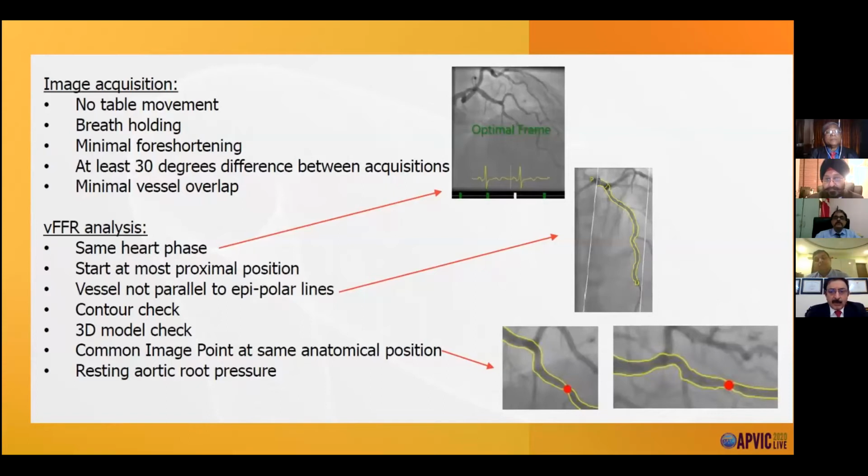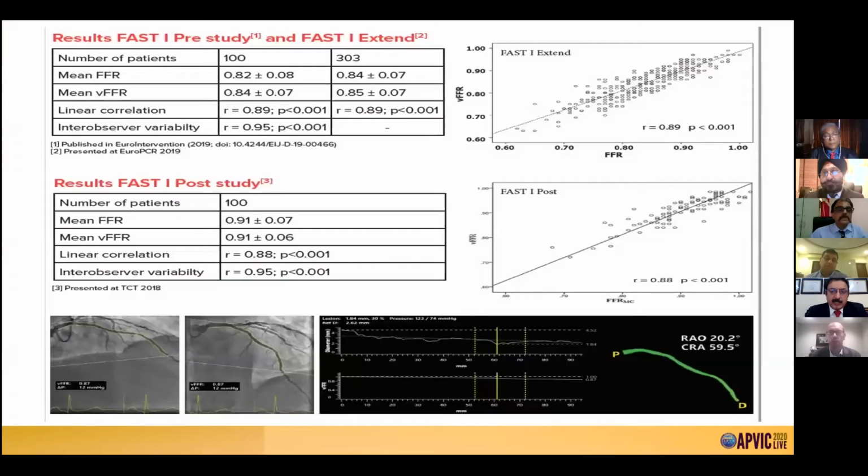How it is done, again, is in the same way. The machine actually does 3D modeling of the artery beyond that, and the vessel and the atheroma are drawn on a 3D computational model on the angiogram correlation.